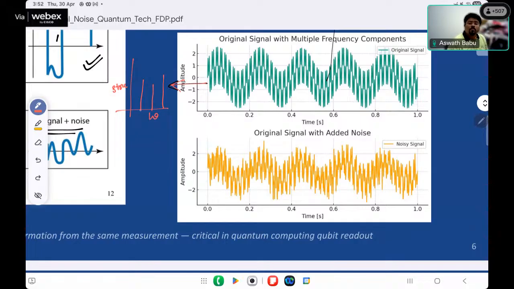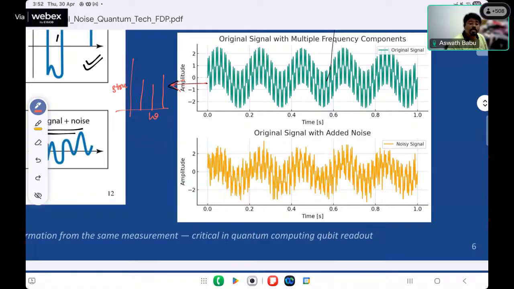Okay, very good. Many frequencies are there, many signals are there, just like our digital communication. Many channels are there, digital telecommunication, all those carry different information.